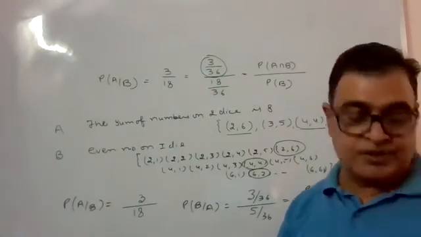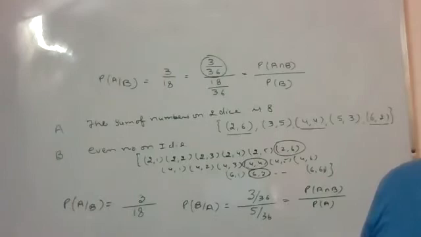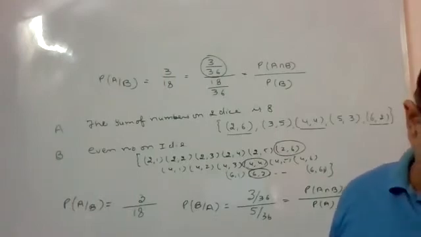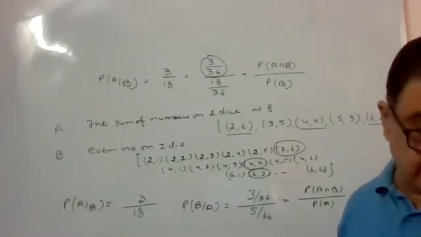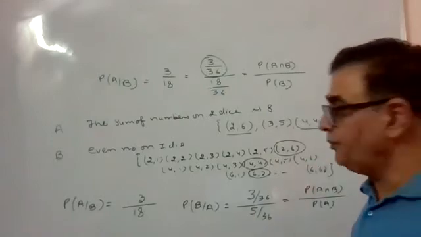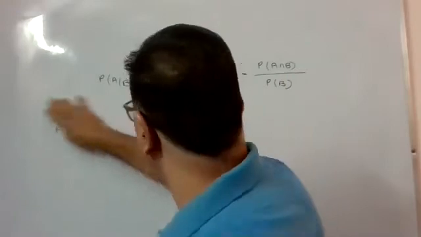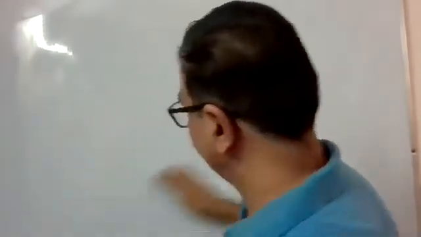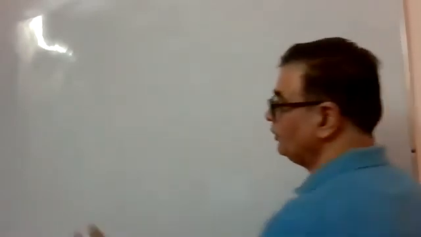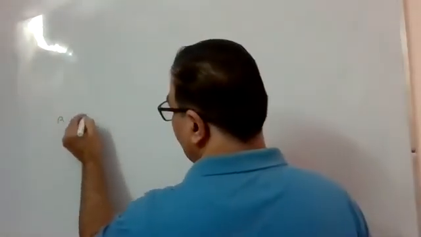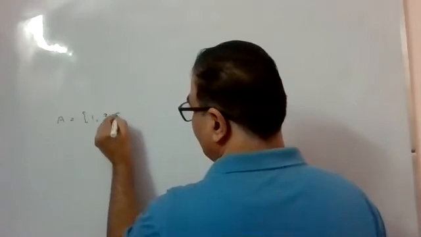Now write down questions on it. A die is rolled. Write down simple question now. A die is rolled. Consider the following events. A event है हमारे पास 1, 3 and 5.